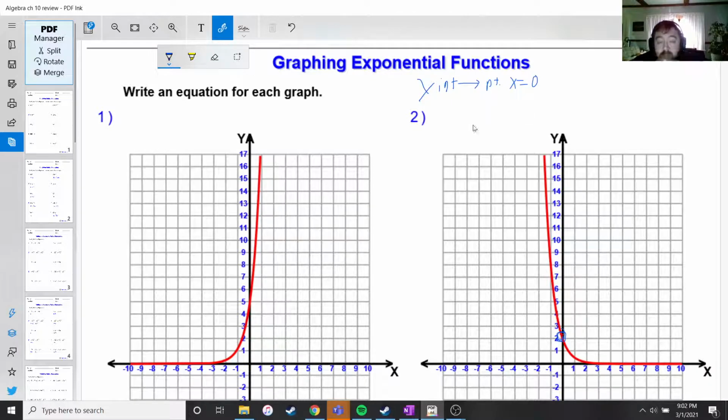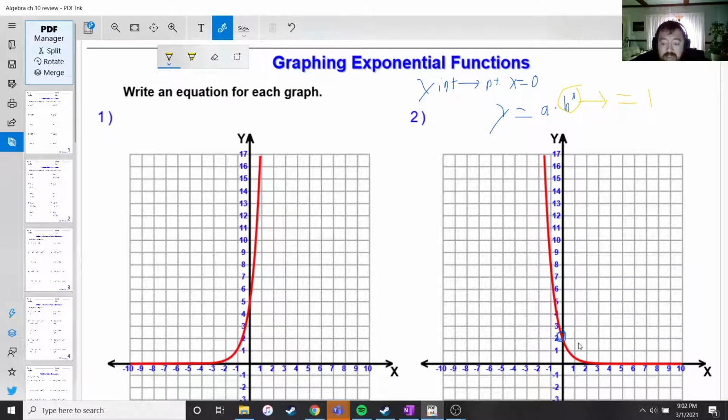Alright, so when we're talking about exponential functions, remember our equation is going to look like y is equal to a times b to the x power. When x equals 0, then this entire thing here is equal to 1.